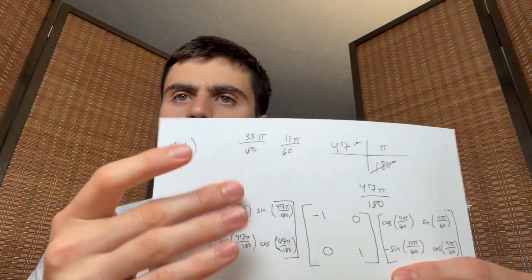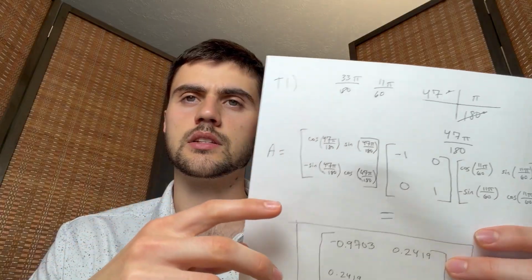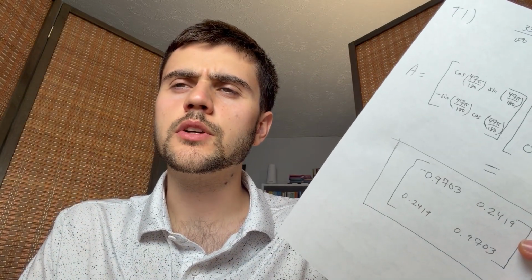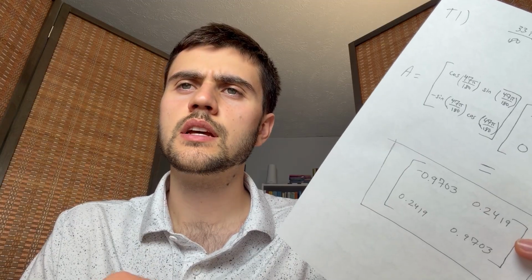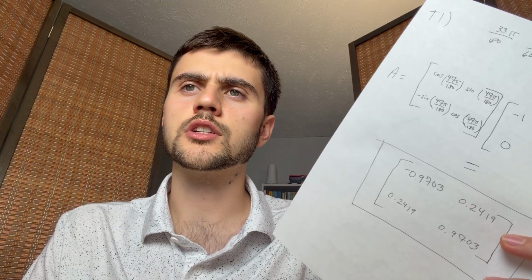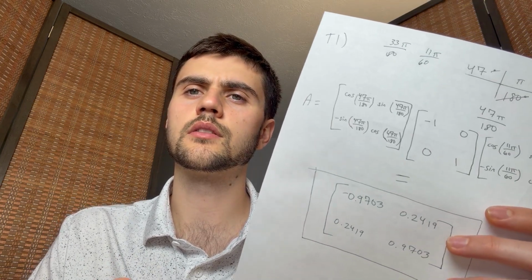And then the final problem with the first pass of 1.9 was this technology problem, basically saying, find the standard matrix for the linear transformation on R2 that performs a counterclockwise rotation of 47 degrees about the origin, followed by a reflection about the y-axis, followed by a counterclockwise rotation of 33 degrees about the origin.